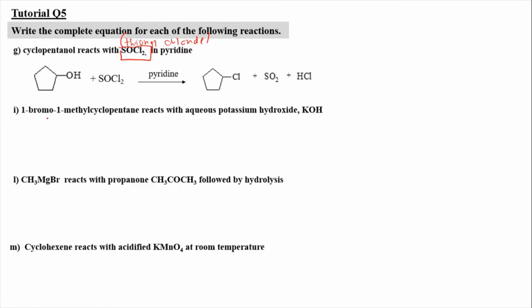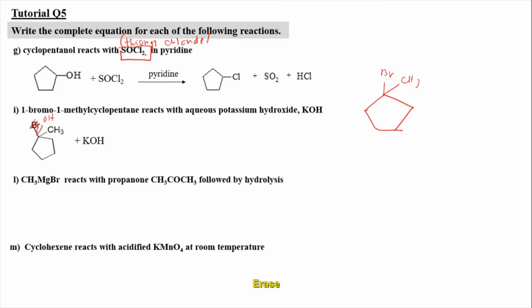For I, we're going to react 1-bromo-1-methylcyclopentane. So we have our cyclopentane here, which is 5 carbons, with 1-bromo and 1-methyl. So this is our 1-bromo-1-methylcyclopentane, and when we react it with aqueous potassium hydroxide, which is KOH, the Br is going to be replaced with OH here.